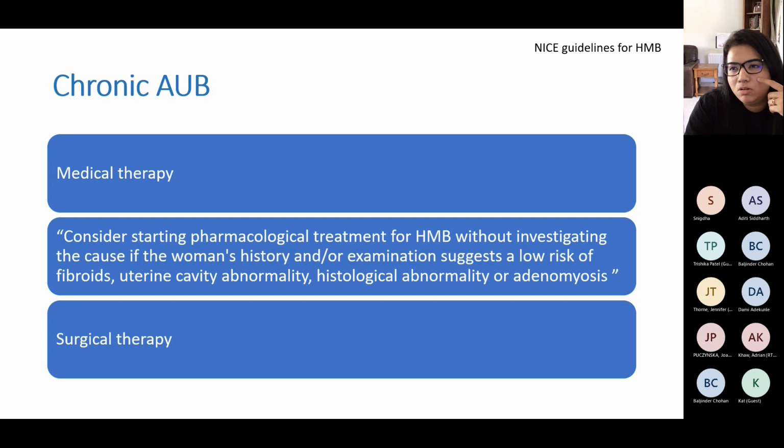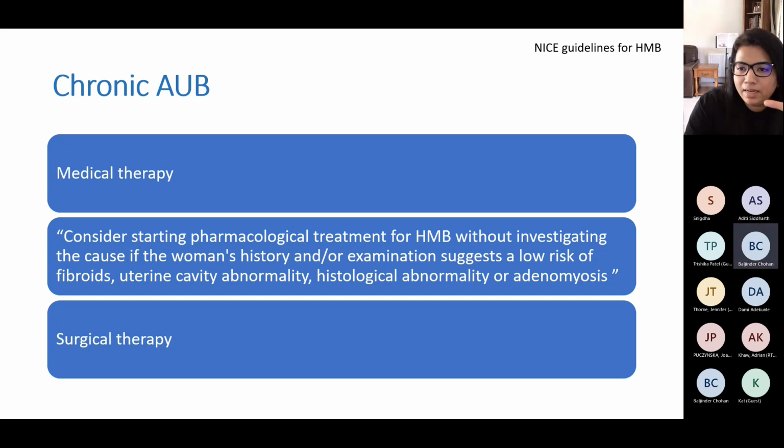But even the Mirena you can offer if you manage to resect the fibroid hysteroscopically. You could also use ulipristal acetate, a medication that we can use. I've got a slide on that, so I'll talk you through what that means. That's a good option for people as well, as long as they're counseled about the risks.